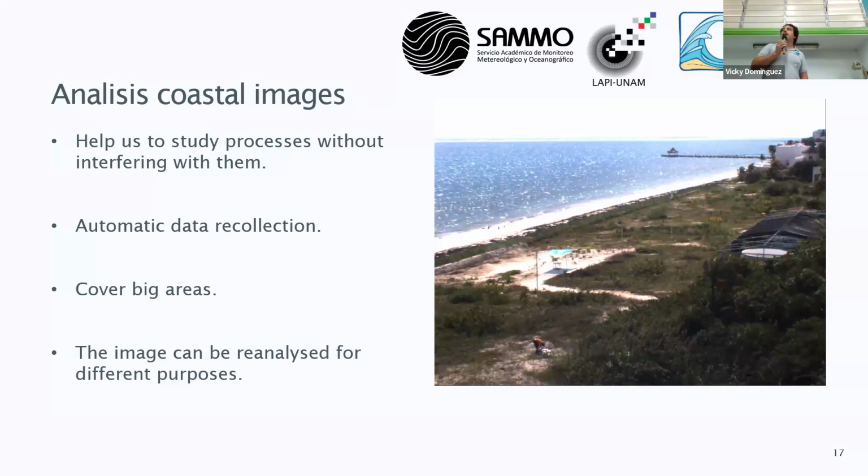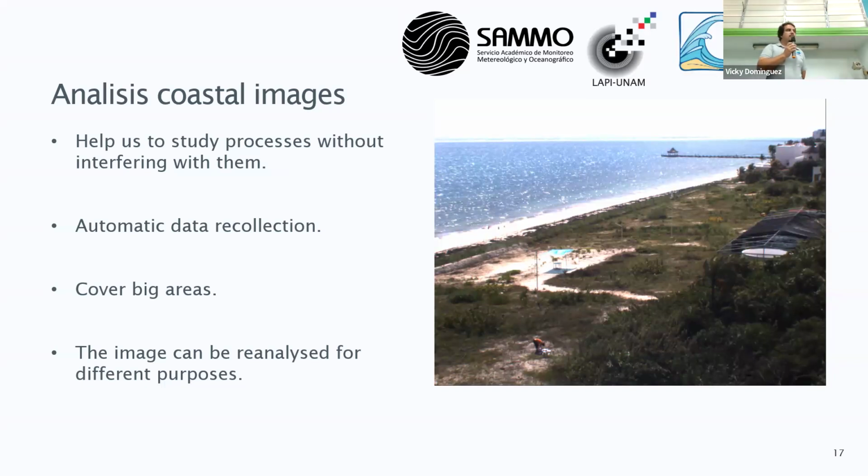A good example of this is the image that we have in the presentation. That is the coast of Puerto Morelos, near the Institute of Oceanography there in Puerto Morelos of UNAM. You can see that the first purpose the camera was located there was to study the coastline and its advancement and movement.